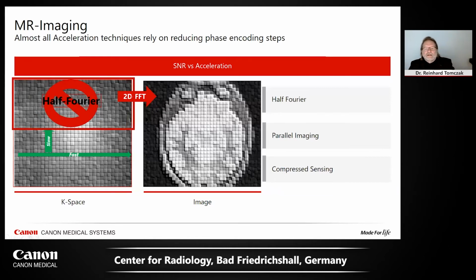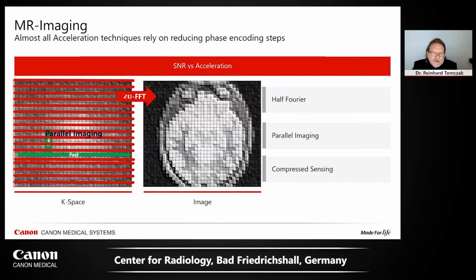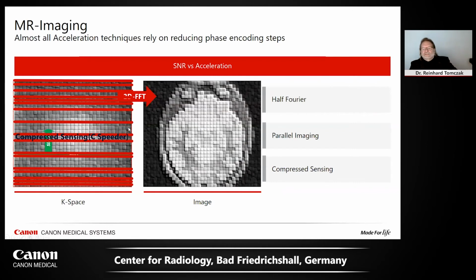For example, half-Fourier imaging, which means you sample a little bit more than 50% of the k-space and reconstruct the missing information. Or you can use parallel imaging, which means you use several coils to look at one pixel, and you use this information to speed up your system. Another thing I'm talking about today is compressed sensing.